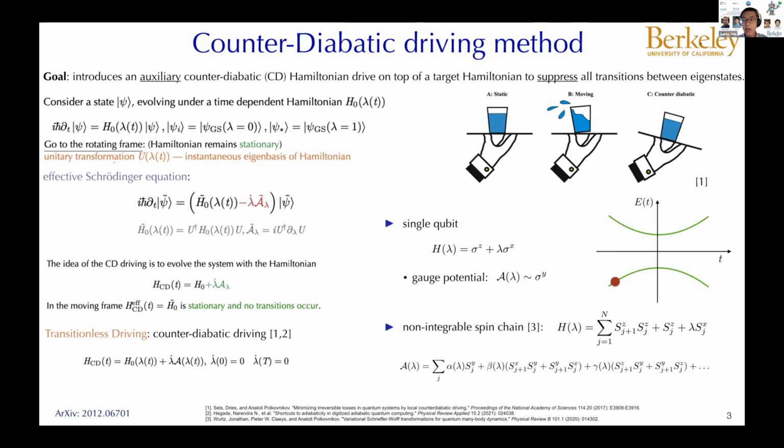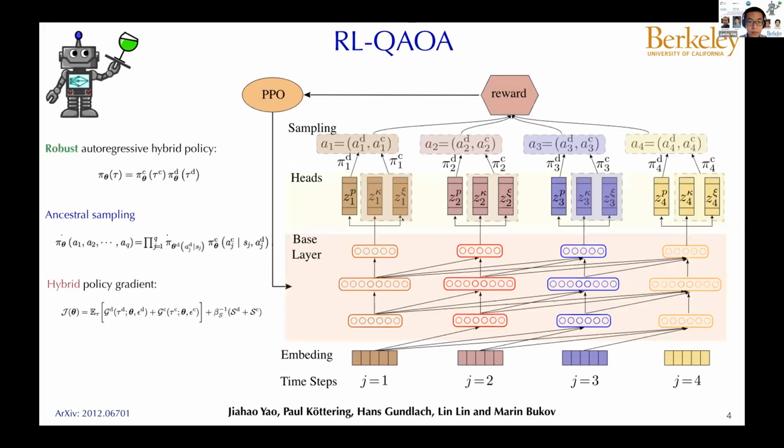And if you go fast, the cause is the water will spill or some population will be excited. So for the CD, you apply the opposite force and you can go fast in that case. And here are some examples in the single qubit and spin chain case.